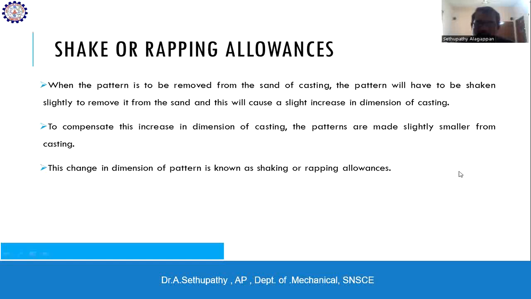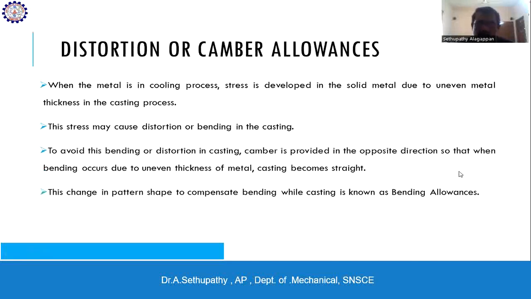This change in dimension of the pattern is known as shaking or wrapping allowance. So we give some shaking to remove the pattern, and that shaking makes the casting larger than the actual size. That type of allowance is called shaking allowance or wrapping allowance. These are mostly the main allowances.